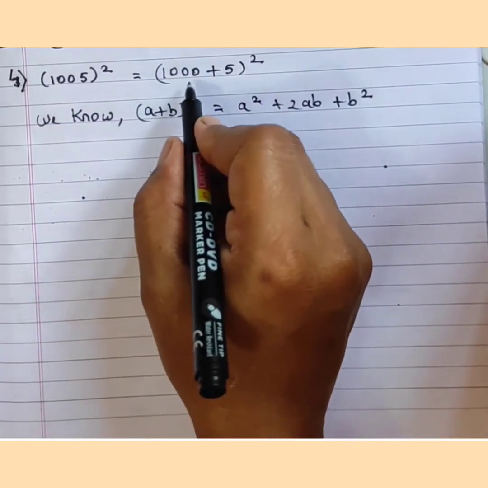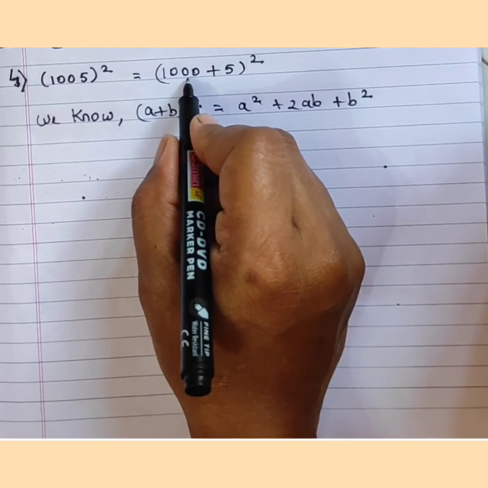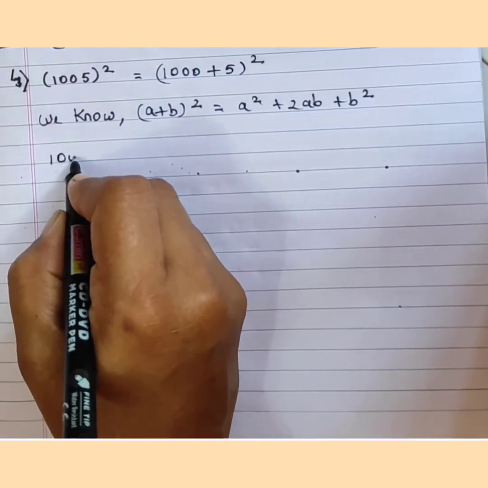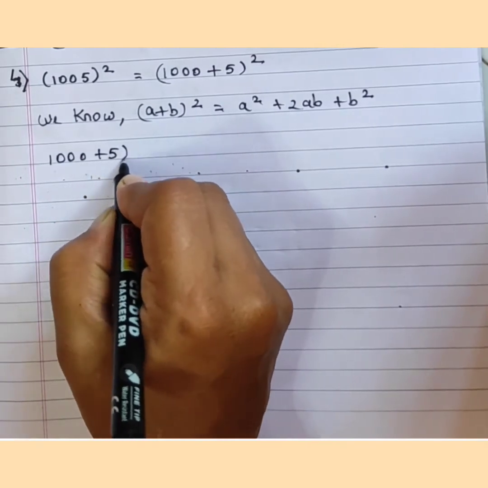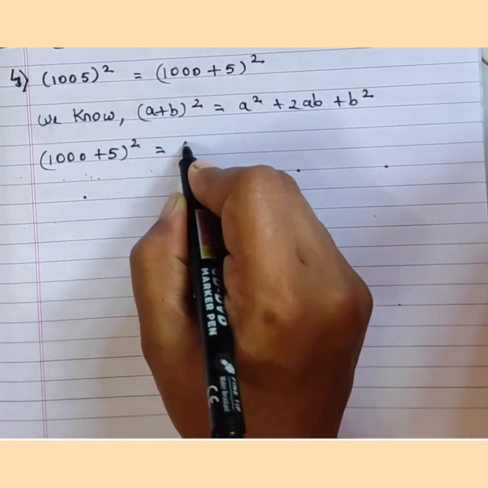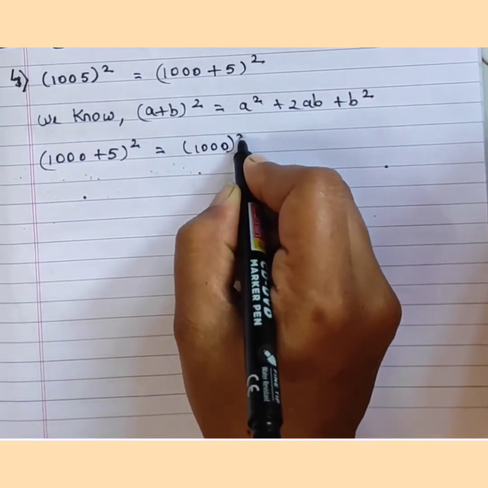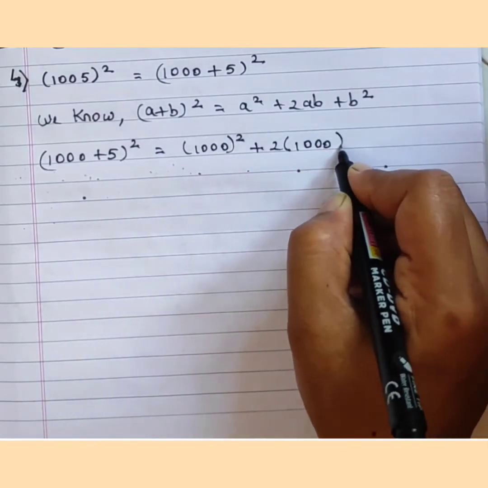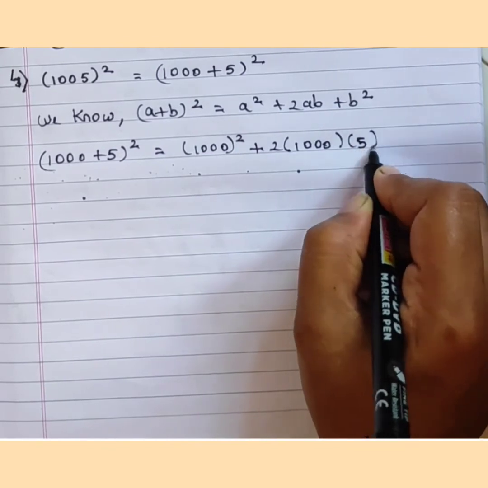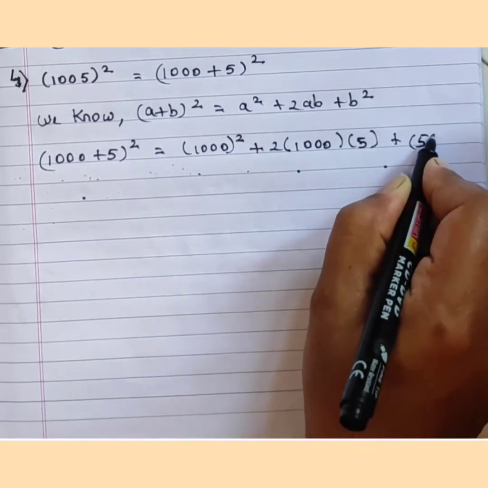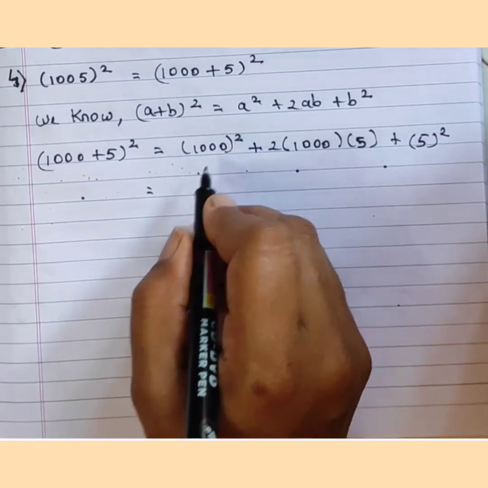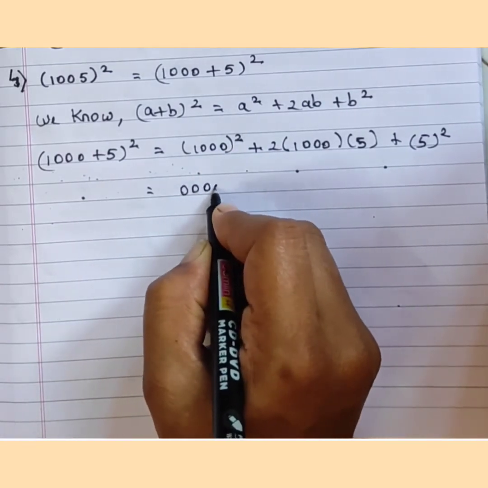Now a we will consider as 1000 and b we will consider as 5. So we will write 1000 plus 5 the whole square is equal to 1000 the whole square plus 2 into 1000 into 5 plus 5 the whole square. Now there are 3 zeros. When you square, it becomes 6 zeros.